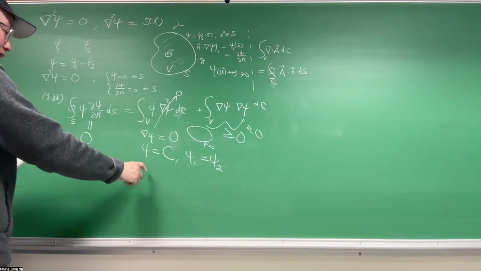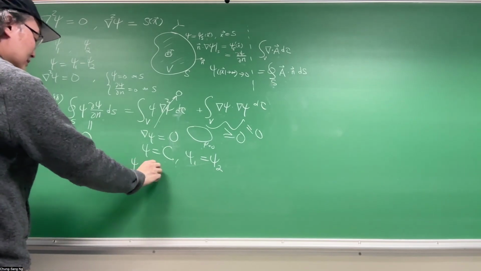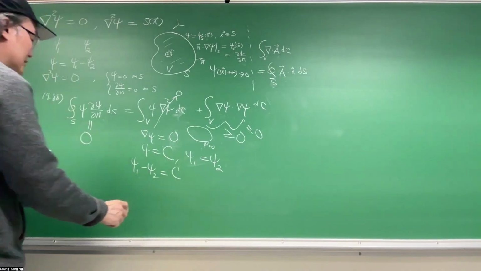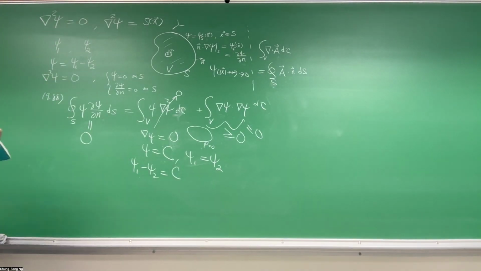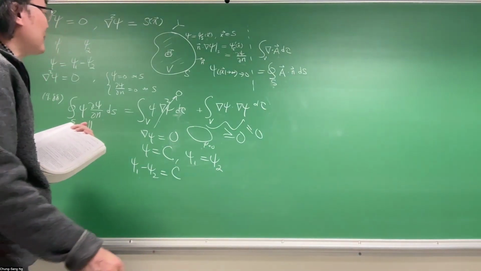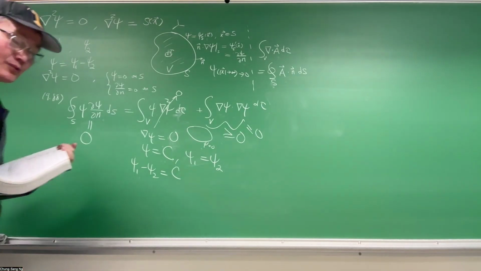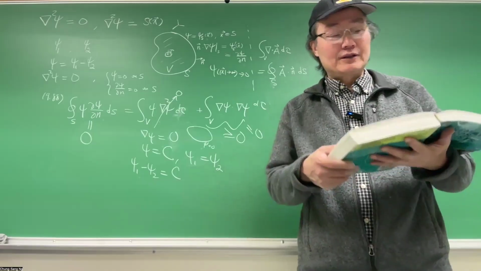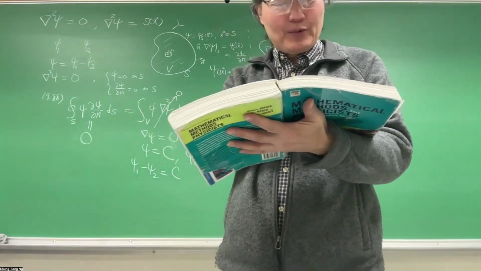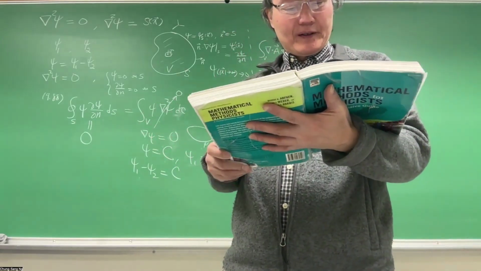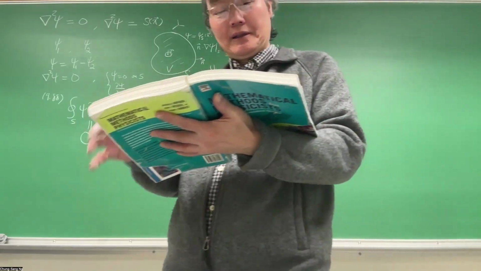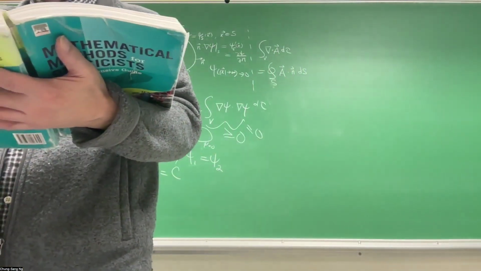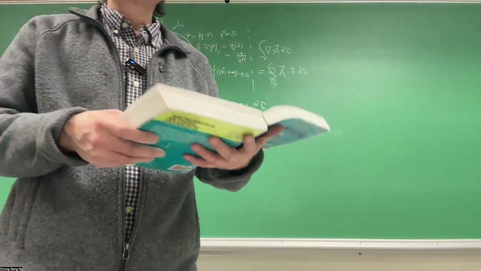So in that case, psi 1 minus psi 2 is a constant. So the uniqueness of a Neumann boundary condition is up to a constant. Other than that, the two solutions will be the same. You can see that. Okay, so that's the discussion of this section.